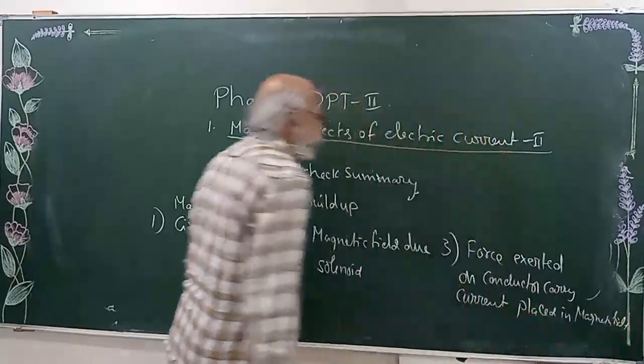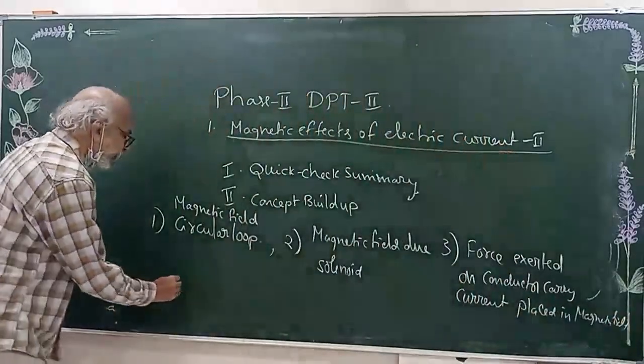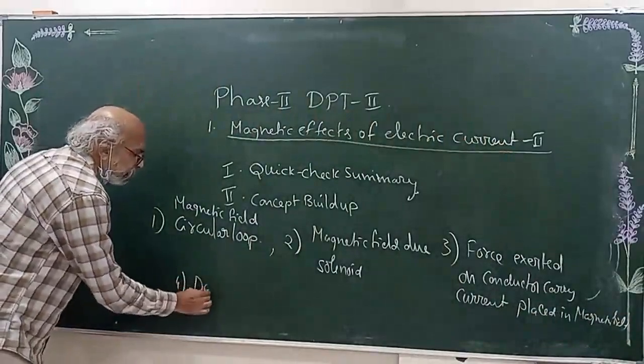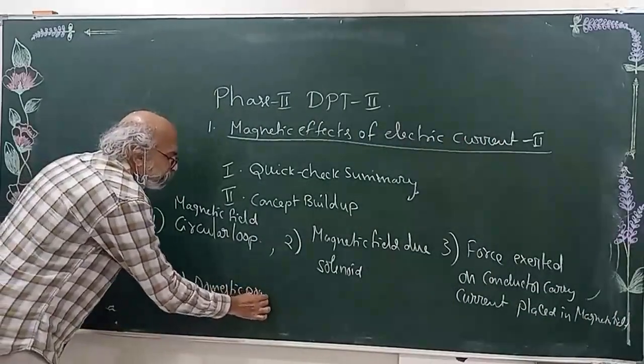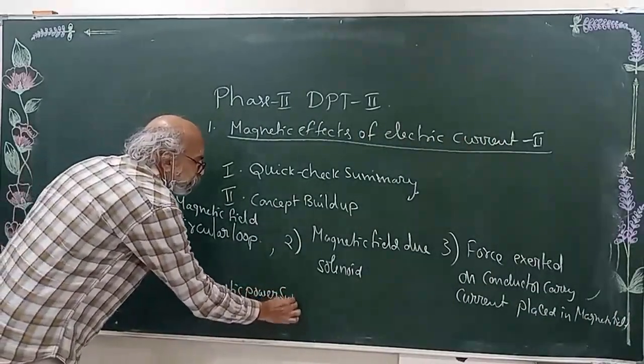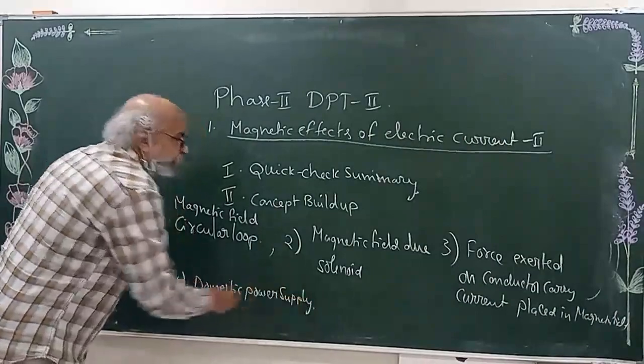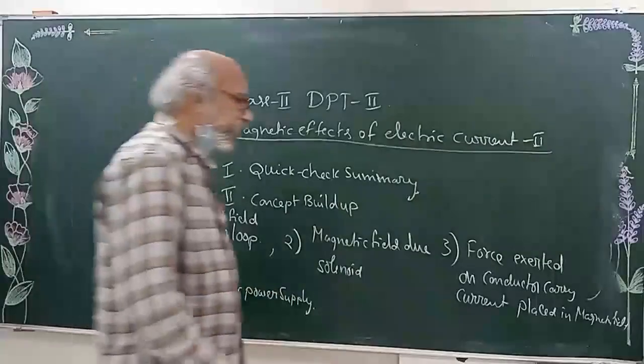So these are the important 3 aspects. And fourth topic is domestic power supply. So these aspects are to be carefully made thorough.